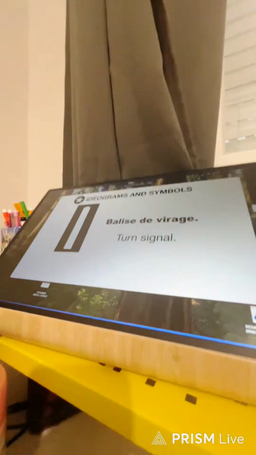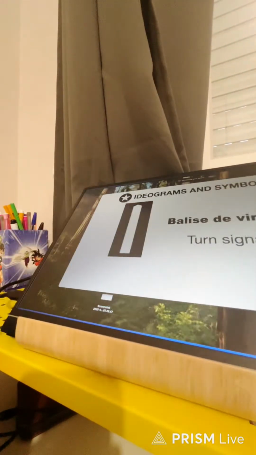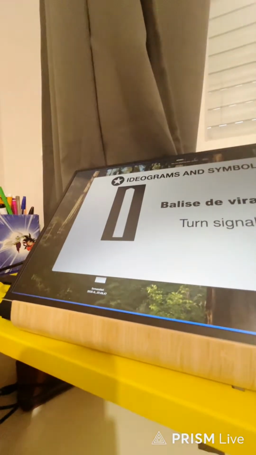Then the next panel that you are going to see, this one, they'll put it where there is a virage. Virage means a turn or a curve or a bend. That's where they are going to put this panel here. This panel is called balise de virage.